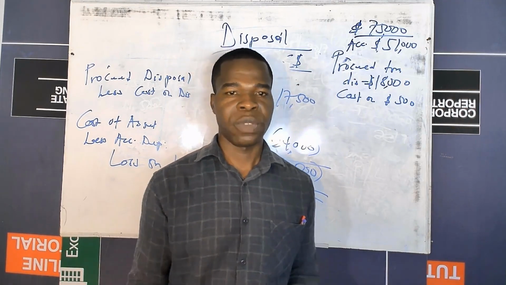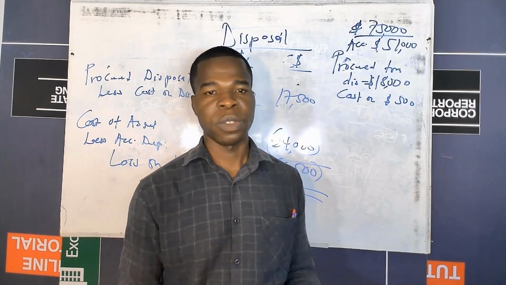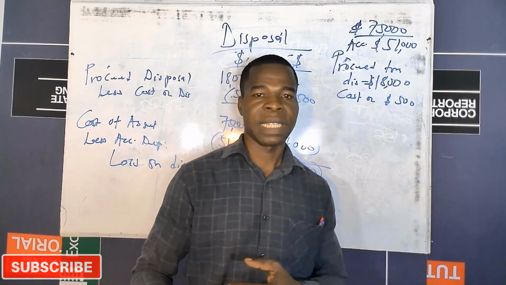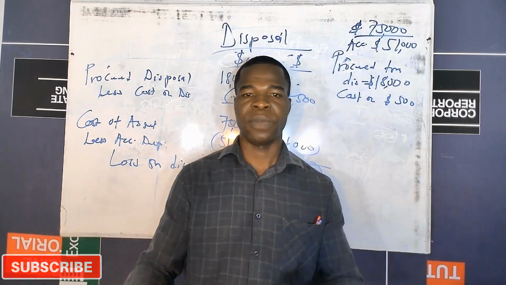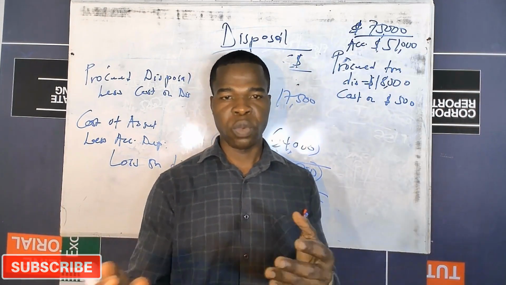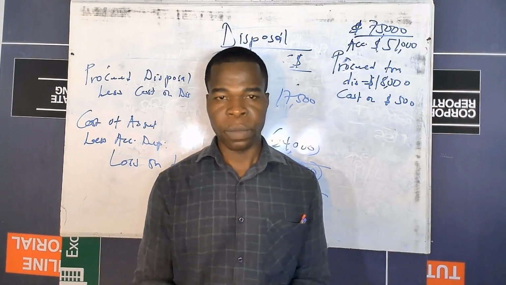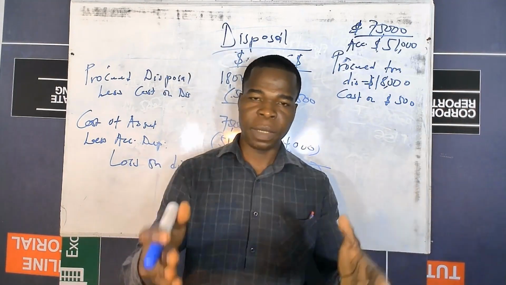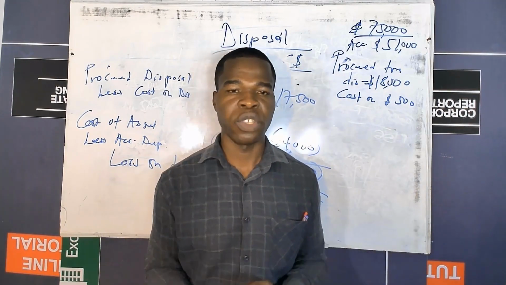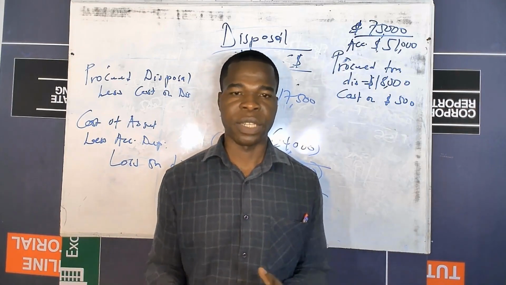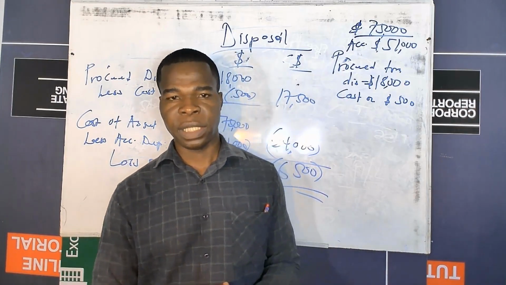You will also tell us whether you are going to use the cost model or the revaluation model. You tell us if the asset has a major component. All the things that we have looked at, you disclose them in the notes to the financial statement. It will help in providing adequate, useful information for end users to use for their decision purposes.